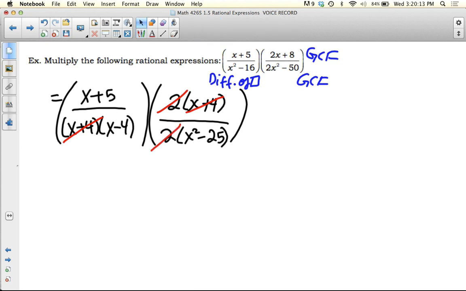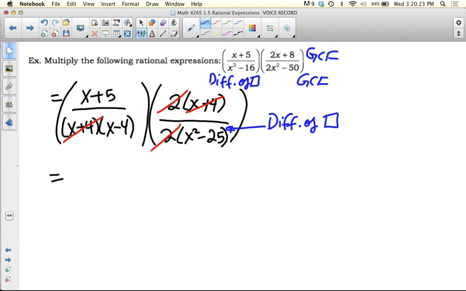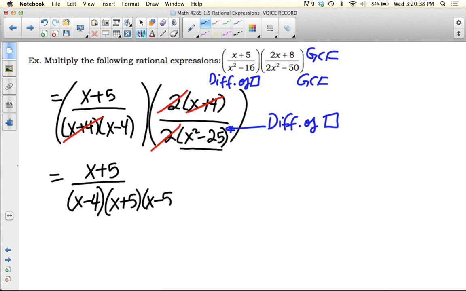But I'm also seeing that we have another difference of squares. Okay, so let's collect what we have. On the top, we just have an x plus 5. We're still having the x minus 4 at the bottom, and the x squared minus 25 will factor into x plus 5, x minus 5 because of difference of squares.